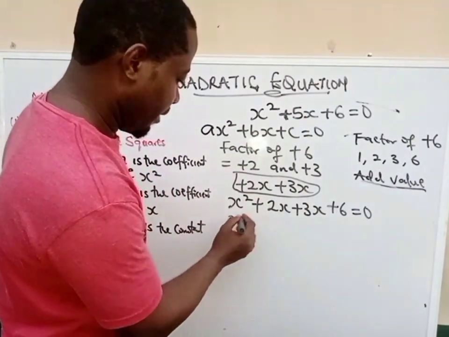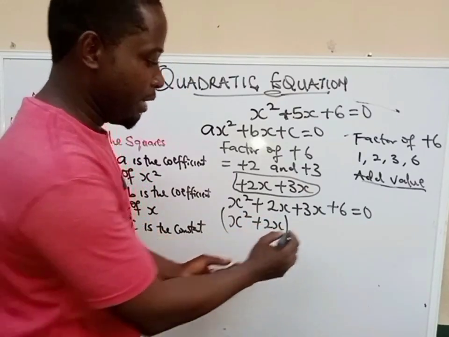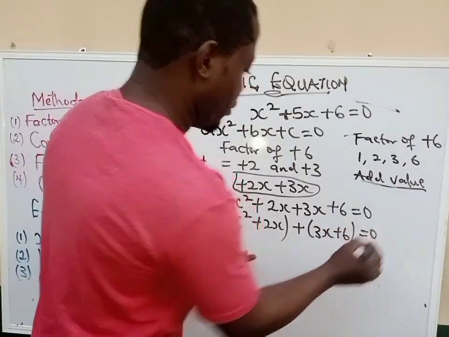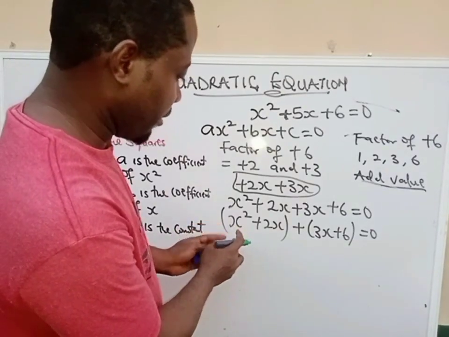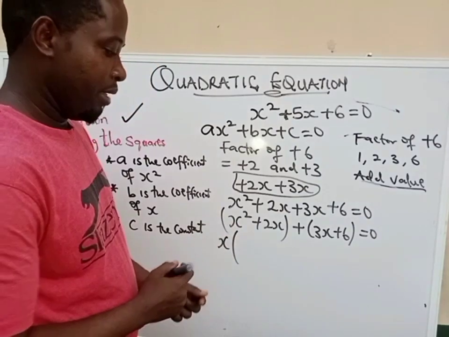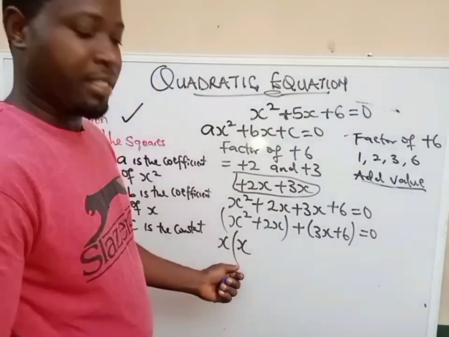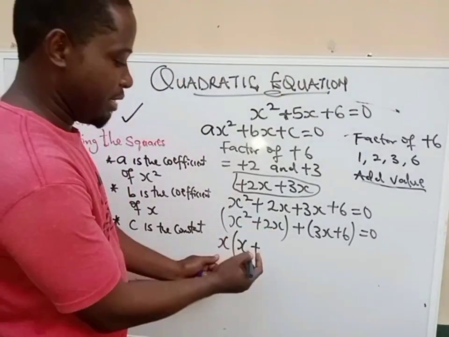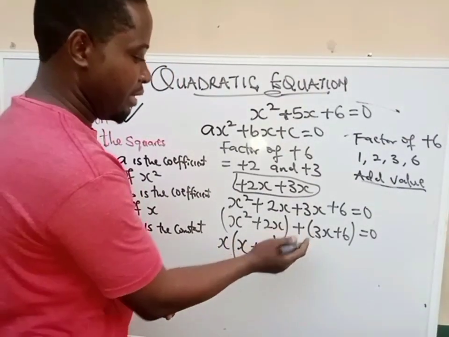Alright, the next thing is to factorize. So I'm going to put this in brackets, and this also into brackets. What is common here? x is common. x multiplied by what will give us x squared, that is x multiplied by x, plus x multiplied by what will give me 2x, that is x multiplied by 2, and plus.